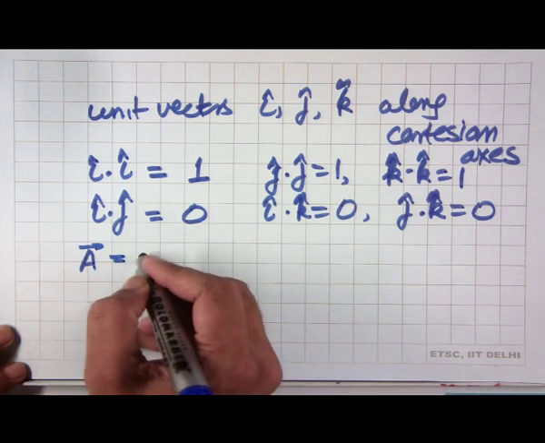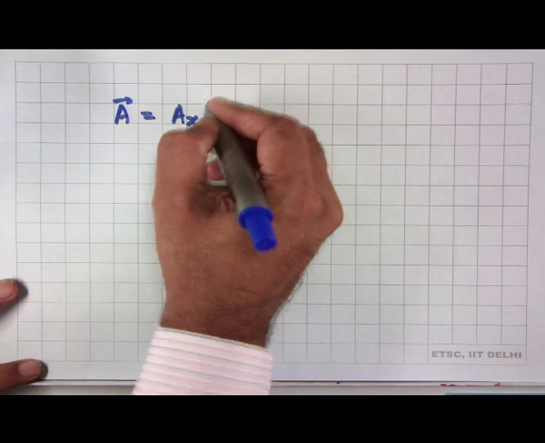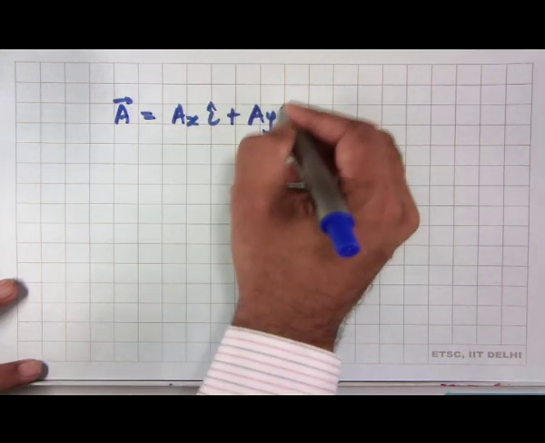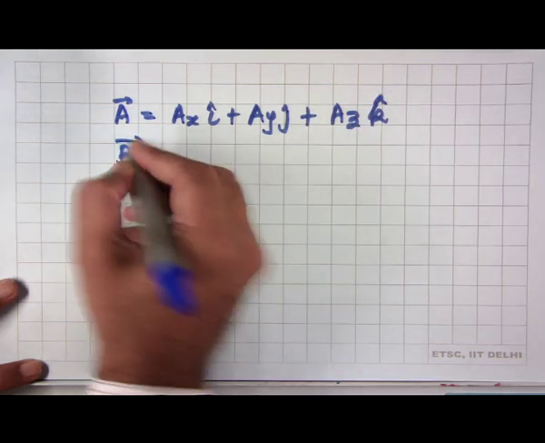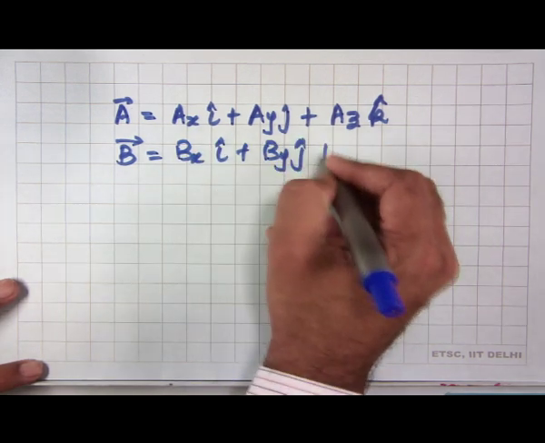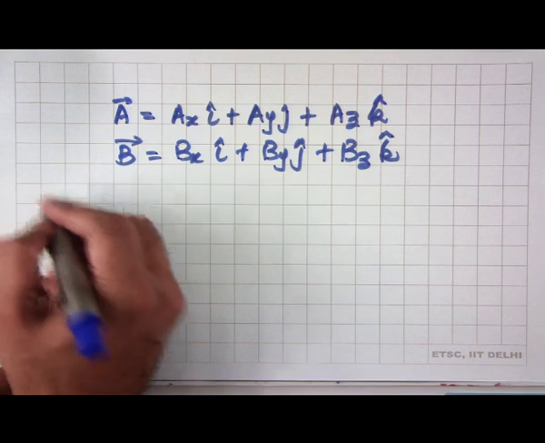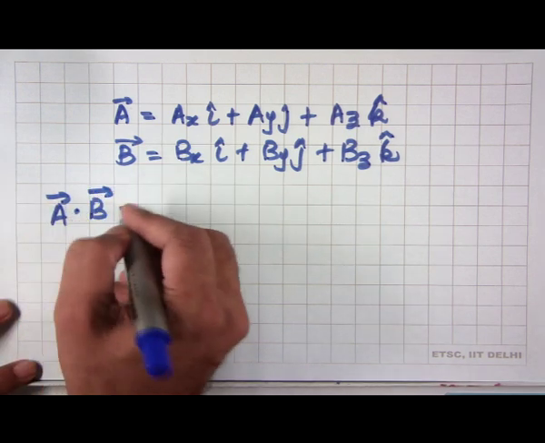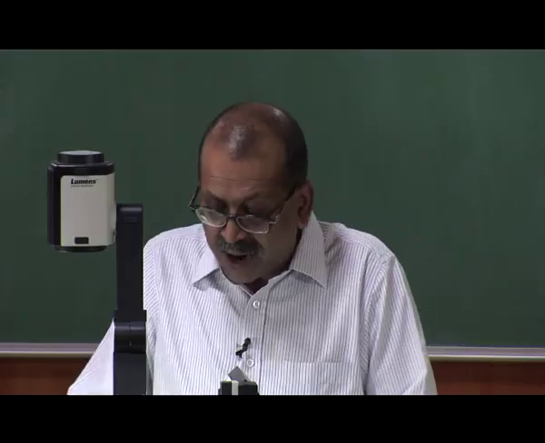For example, if we have a vector A equal to AX i plus AY j plus AZ k, and vector B equal to BX i plus BY j plus BZ k, then if we want to write the dot product A dotted with B, we will use the distributive law to expand this.